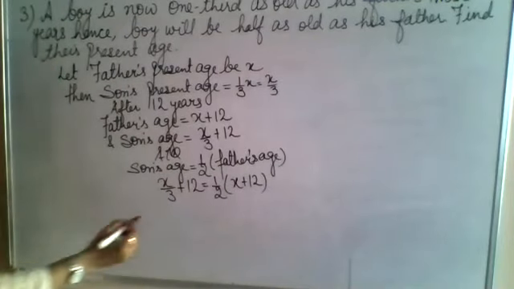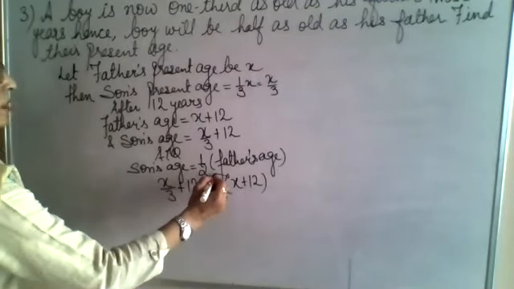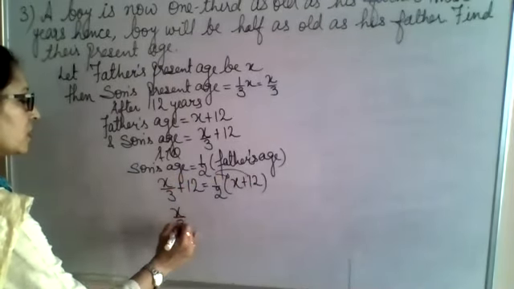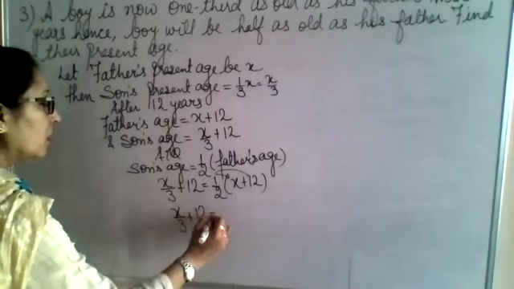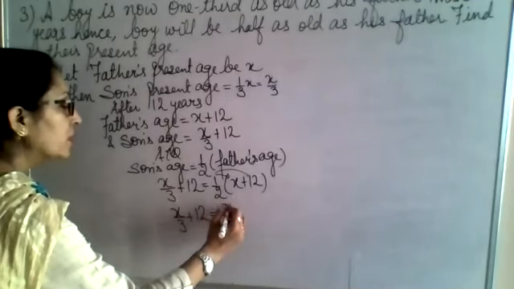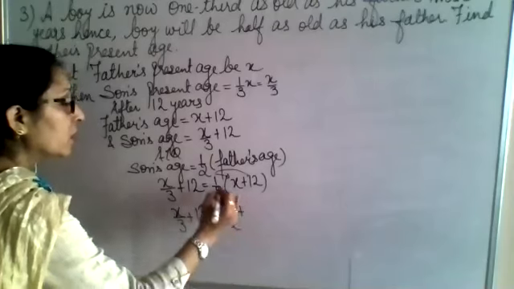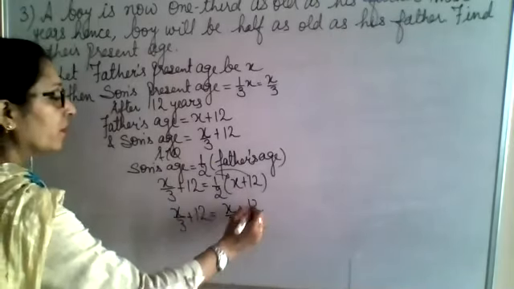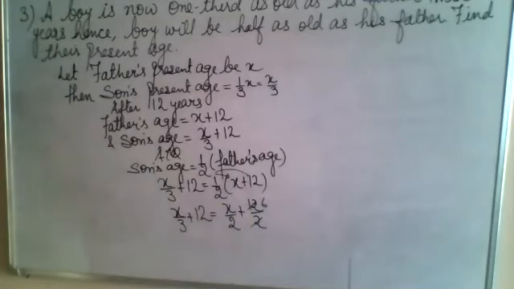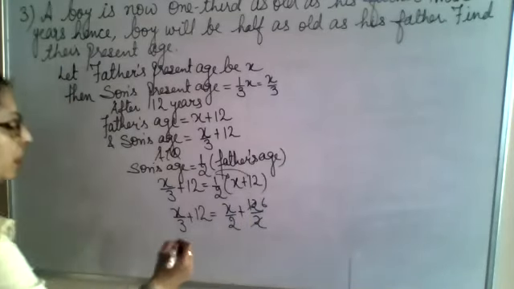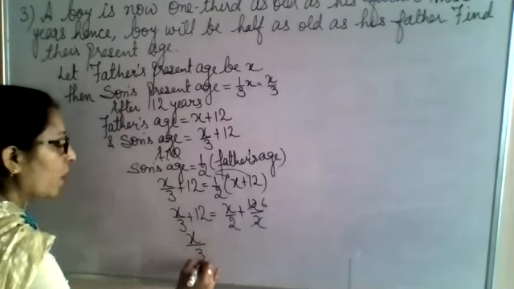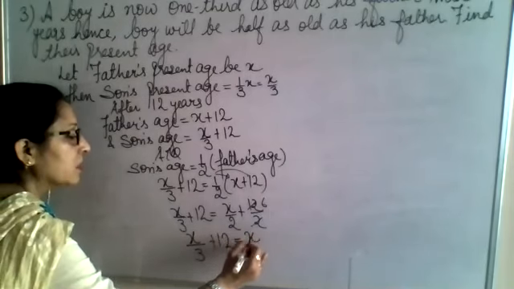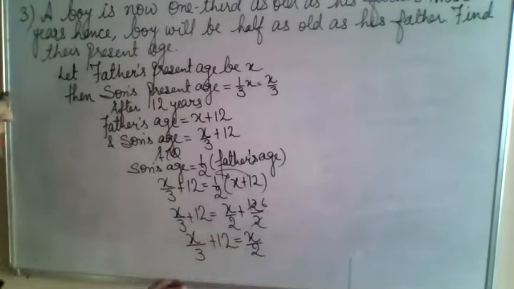We will open the bracket, half multiplied by x, half multiplied by 12. Half into x is x/2 plus 12/2. If you cancel, it will come 6. So your equation will be x/3 plus 12 equal to x/2 plus 6.